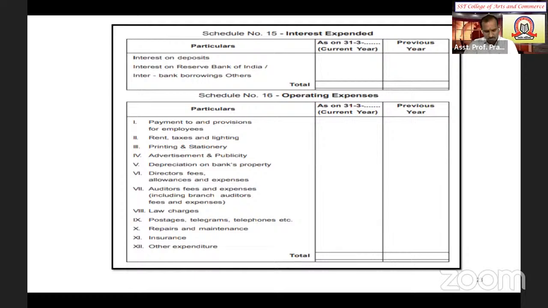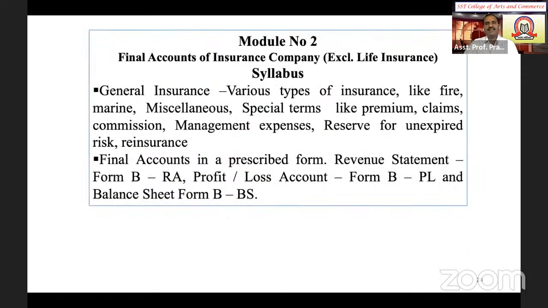Now we'll move to the next module, that is again final account of insurance company. Again it depends on the prescribed format. So the university will again ask a 15 marks question from this module. One short note or one theory question will be asked from this module also, and 2 or 3 marks objective.